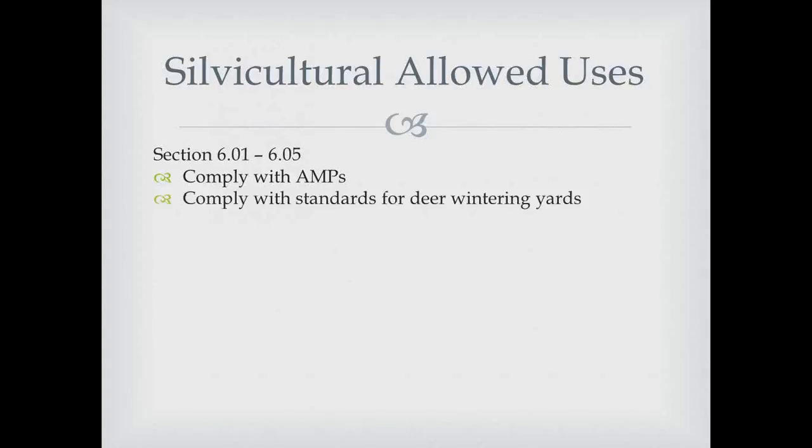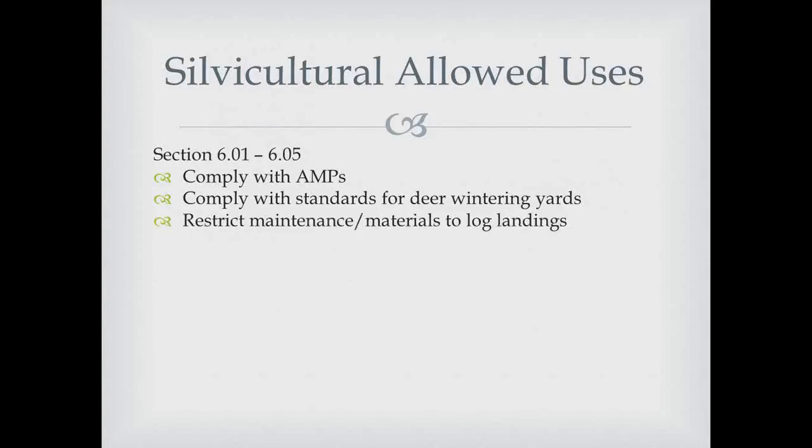So the specifics for the silviculture allowed uses in section 6.01 through section 6.05 of the Vermont Wetland Rules are that they comply with the acceptable management practices as put out by the Department of Forests, Parks, and Rec. They comply with standards for deer wintering yards.